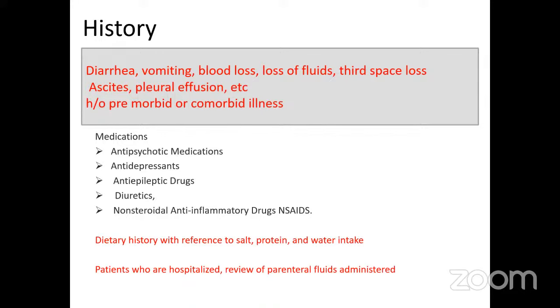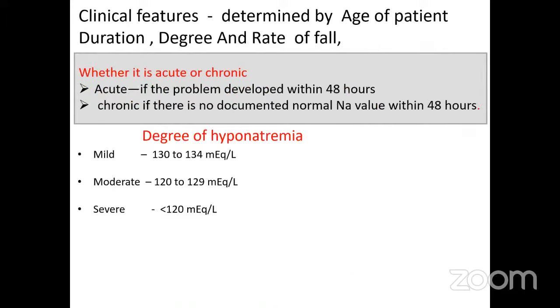I did my PG way back in '81. Then only we started measuring sodium and potassium. So we didn't know all that then, but still people survived. My chief used to say that even without doing all this, your patients survived. So it is not very great that they are doing so meticulously and your patients are saved. Not like that. But whenever something is available, we should try to put it into practice and do it correctly.